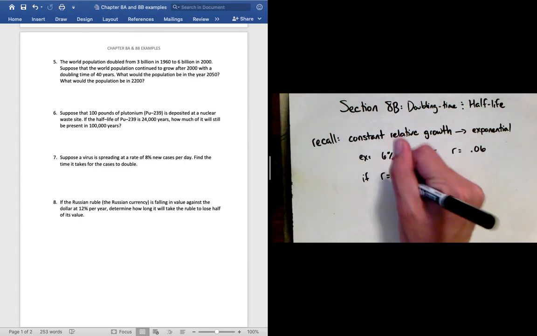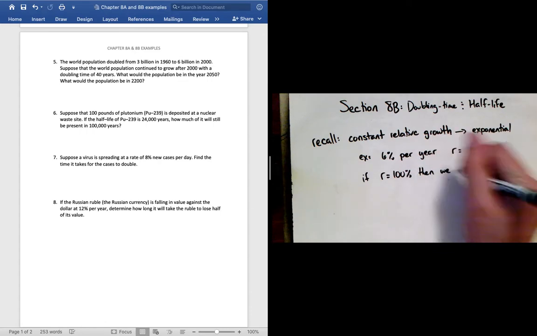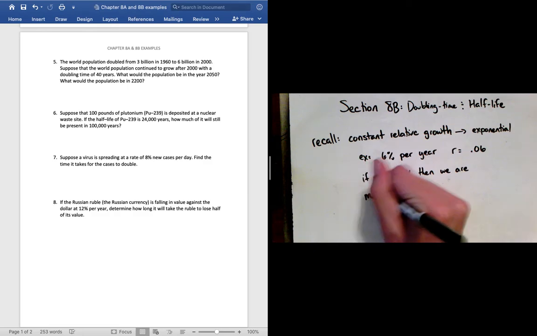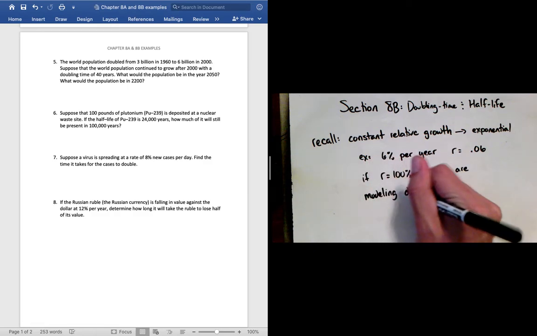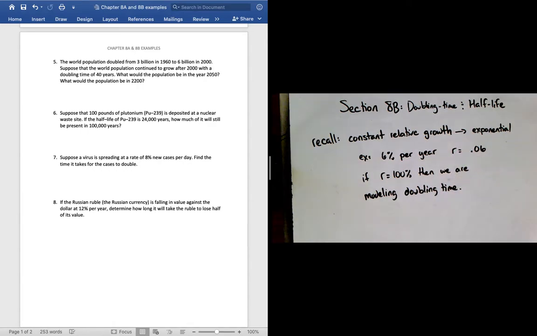If R is equal to 100%, then we're modeling doubling time. So doubling time is really just a special case of exponential growth.